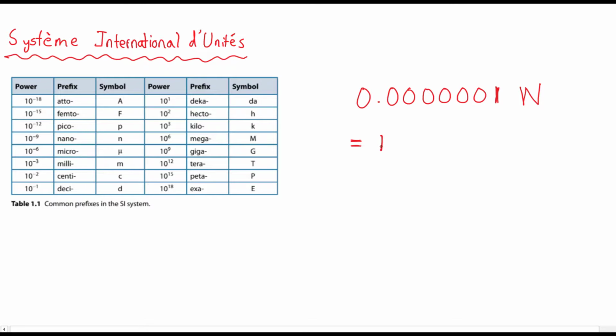So we can write this as 1 into 10 raised to the power of -7 newtons. This way of writing is known as standard form.